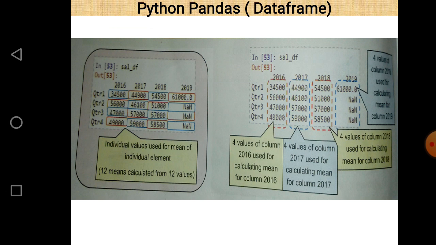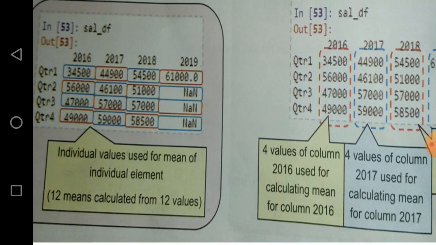Now there is another example here, with a data frame sal_df. Again the column names are 2016, 2017, 2018 and 2019, and the rows are qtr1, qtr2, qtr3 and qtr4.